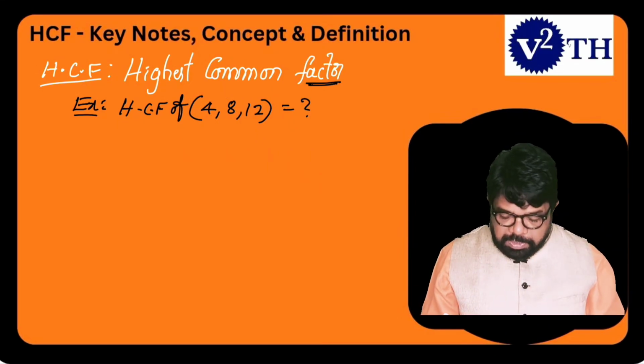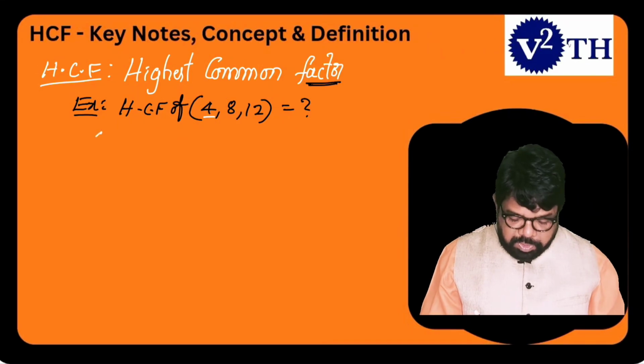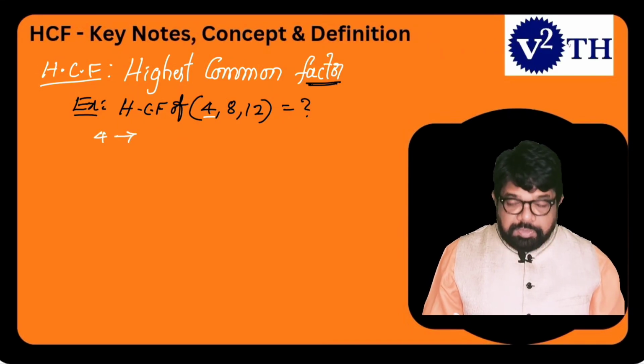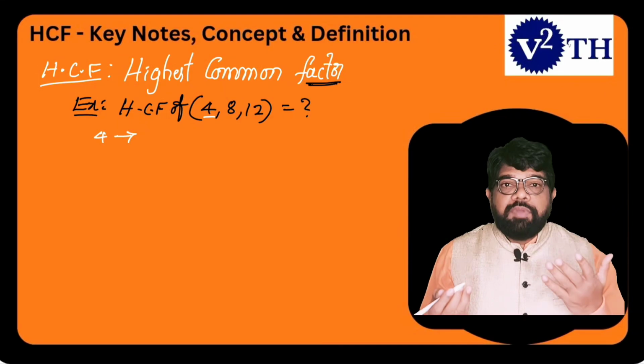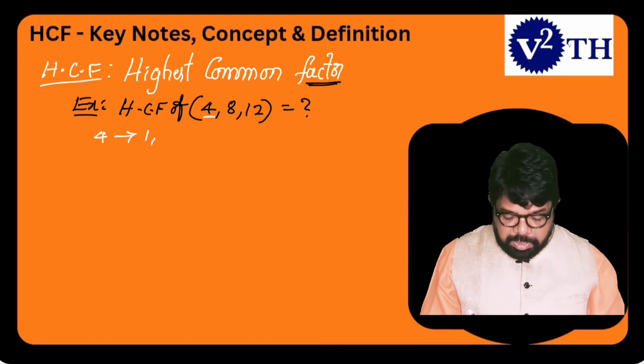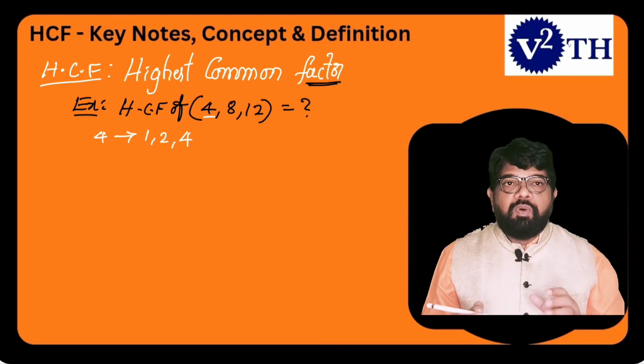What are the factors of 4, factors of 8, factors of 12? Factors means 4 is divisible by which numbers, those are called the factors. 4 is divisible by 1, 2, 4. These are the factors of 4.